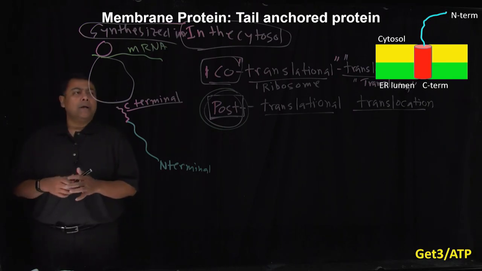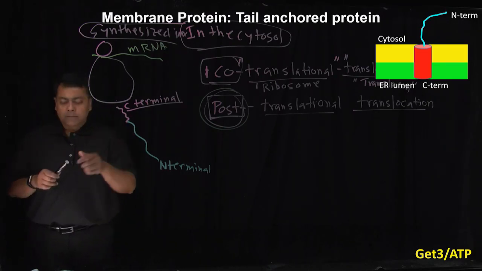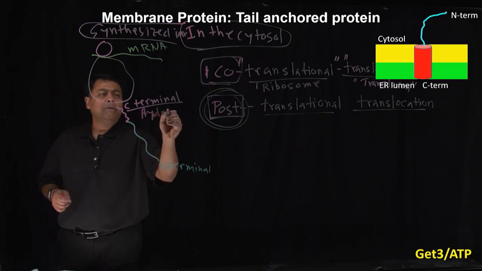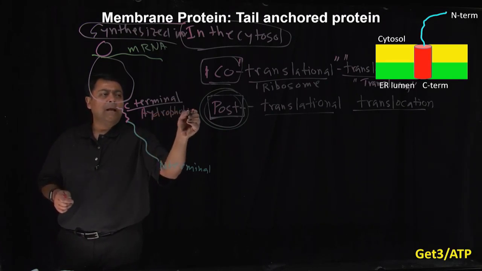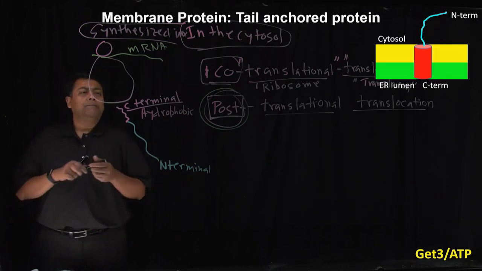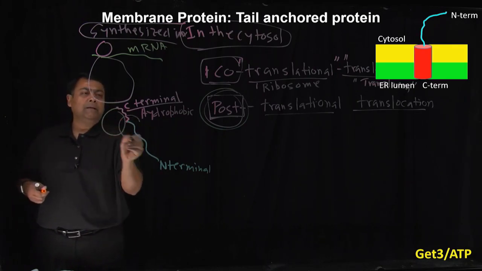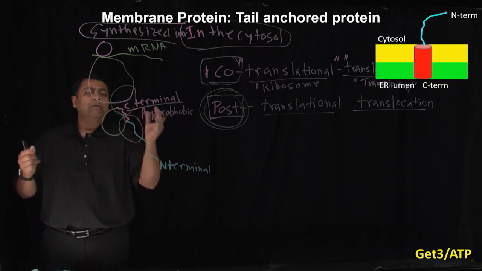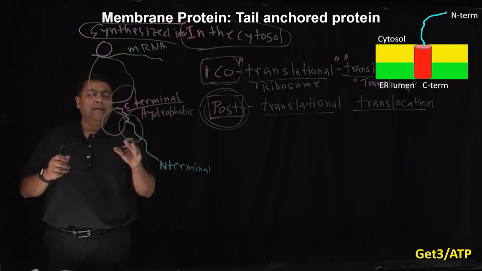So the next one is that when the C-terminal comes out, you know that this is a transmembrane, so this is hydrophobic, and this is not stable in the aqueous environment. So immediately a couple of proteins get involved in this process to cover that, and we call this sequestering, just hiding that part.